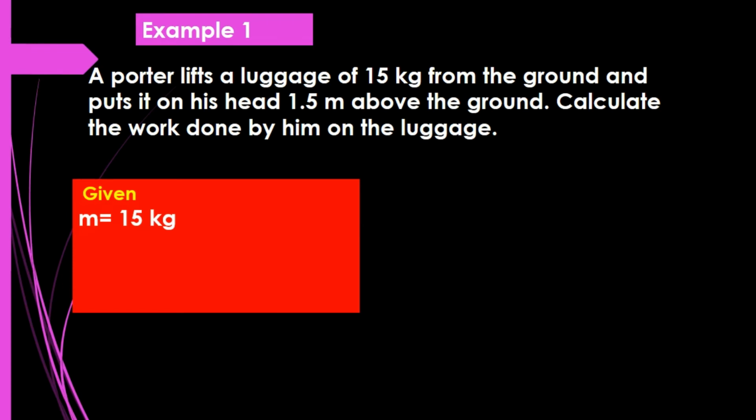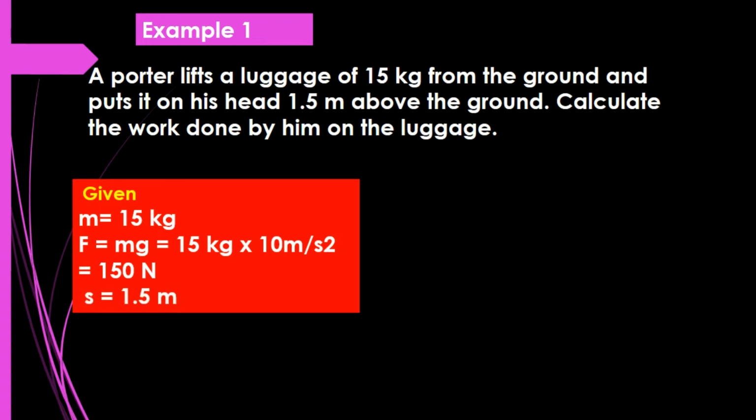We can find out the force by using the mass, because we know that force is equal to mass times acceleration due to gravity, mg. So force is equal to 15 kg times the value of g, taken as 10 meter per second square. So the force is 150 Newton. And the displacement is also given.